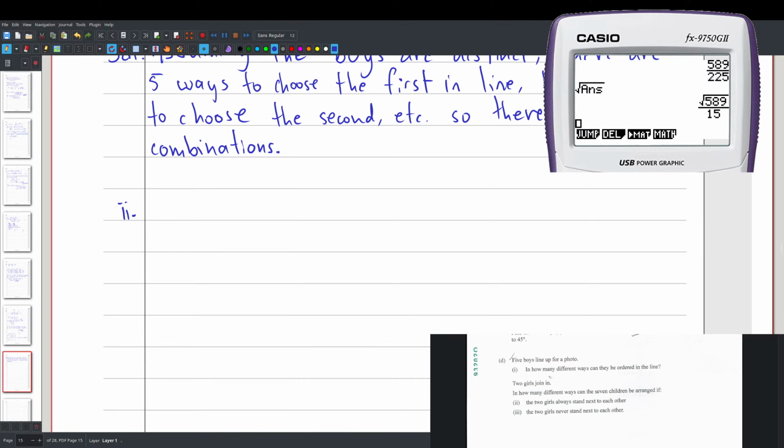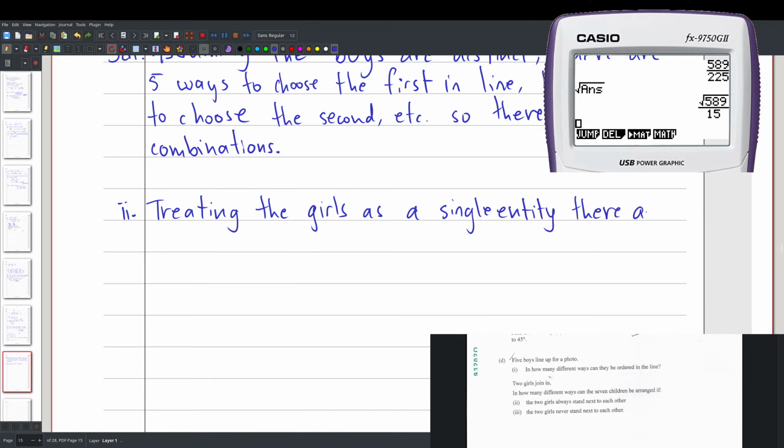Yeah, so you're just treating the girls as a single entity. There are 6 factorial ways to arrange all 6 entities.